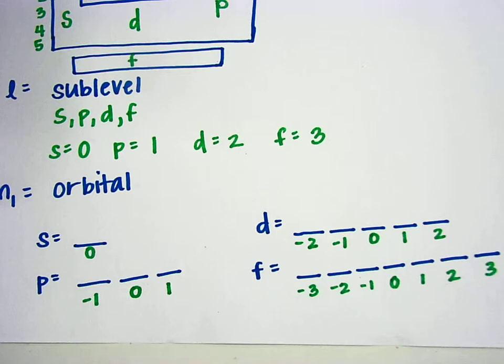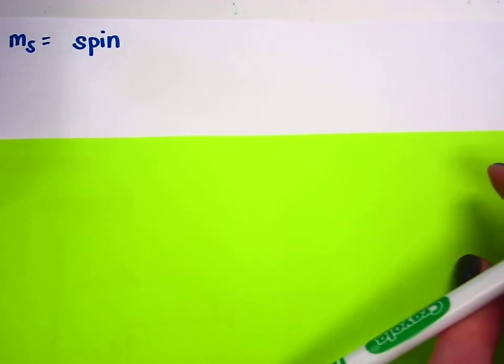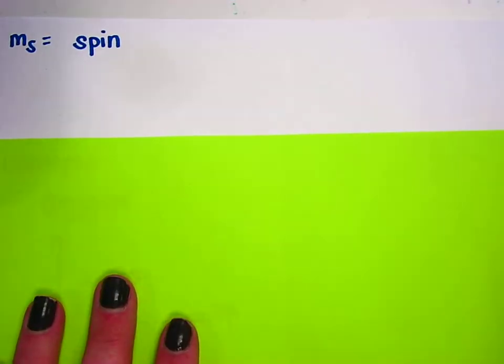So M sub L just stands for which line we're on. So we started at the energy level. Then we went to the sublevel. Now we're at the orbital. And the last variable that we're going to talk about is the spin. So for the spin, we're talking about which way the arrow is going.